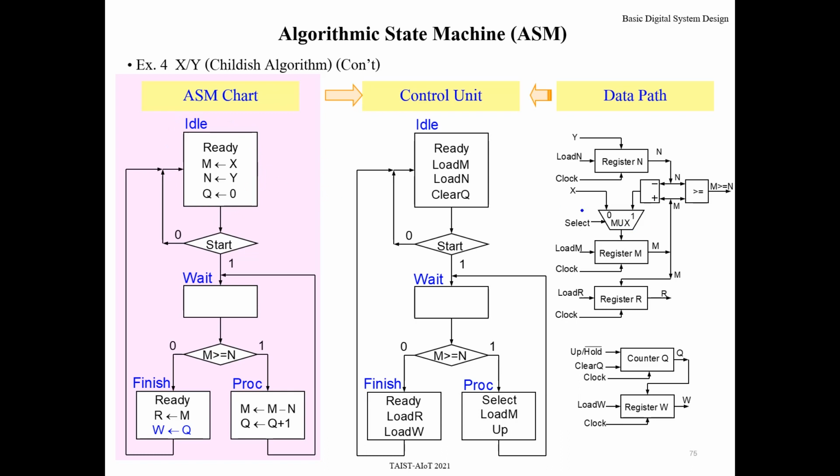This state select is 0. Okay. Load X to M, right? X to M. Okay. Select signal is 0 at this step. But because it's not active, so we don't write it in this state box.